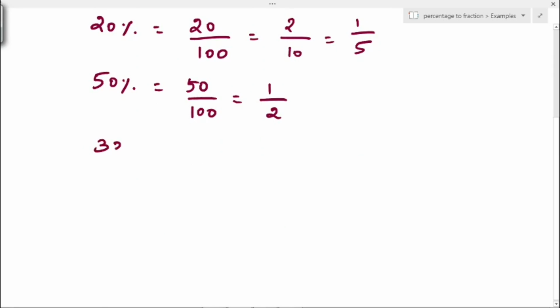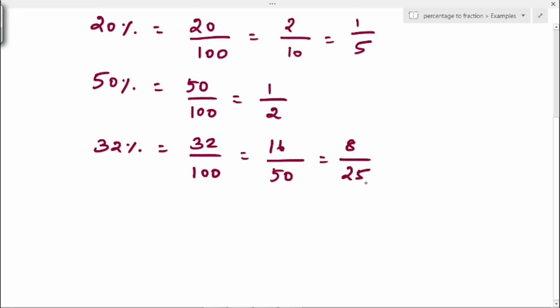Suppose we have 32%. This 32% can be written as 32 divided by 100. See, 32 and 100 both are even numbers. So if you cancel this by 2, you will get 16 into 2, 32 divided by 50. If you cancel this again by 2, you will get 8 divided by 25.